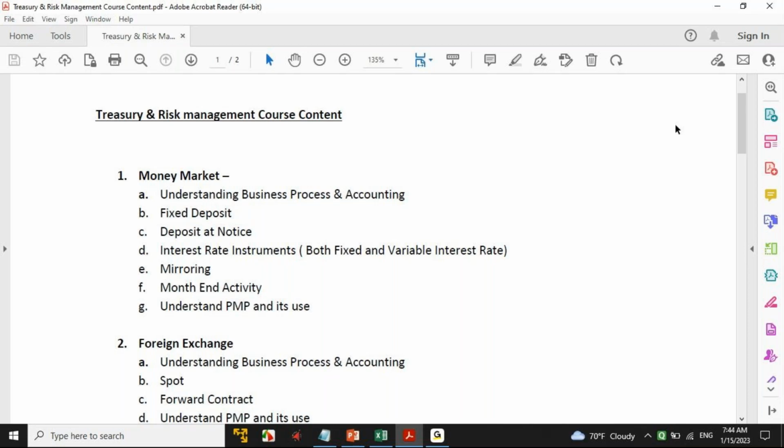When I changed jobs 2, 3 years back, HR told me that if you don't have the skills of treasury and banking, we are normally not in a position to negotiate, because you are asking to negotiate a salary of 30 lakh, 34, 35 lakhs.